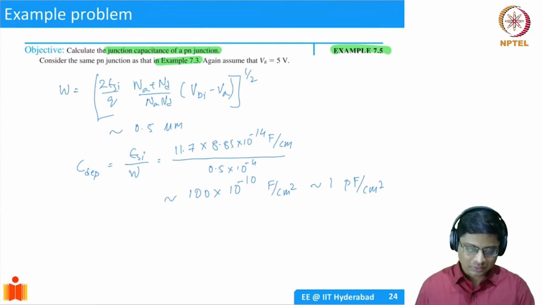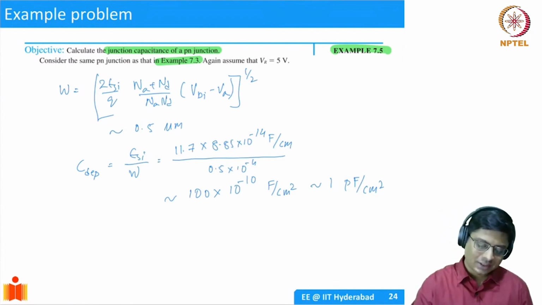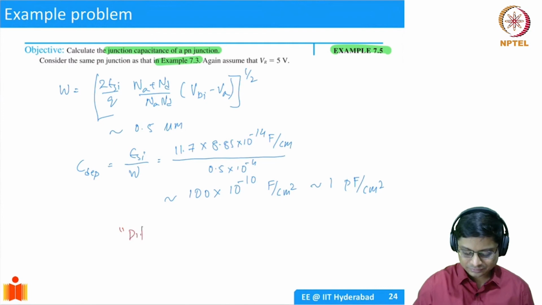So that's it. Well, we only talked about the depletion capacitance. You might ask, what about the forward bias? Is there any capacitance? It turns out that even in the forward bias, there is a capacitance which we call the diffusion capacitance.